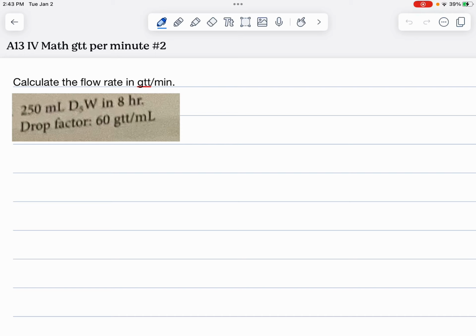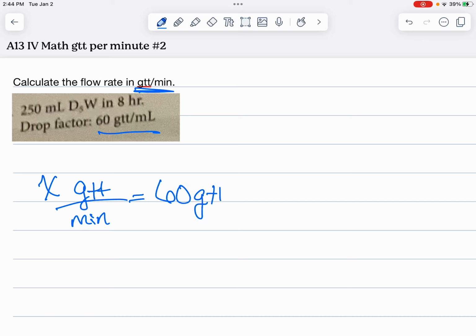All right, so the problems weren't the same. I have an unknown that I want to know, and that is that there. X drops per minute is going to be equal to my drop factor, and that is here, okay? 60 drops per ml.